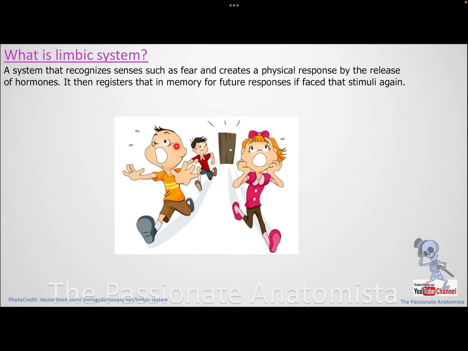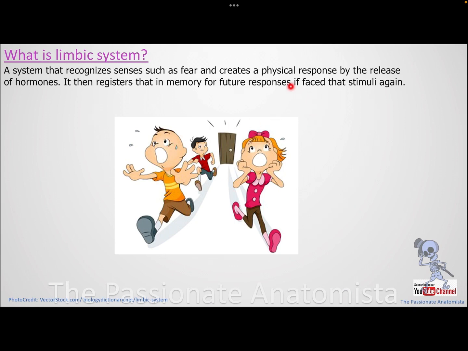You need to get it all the way to your brain, and then you need to process that in your limbic system. You need to register the information, and then you will respond to that stimulus by physical response, and you will have changes in your autonomic nervous system that is also another response to the stimulus.